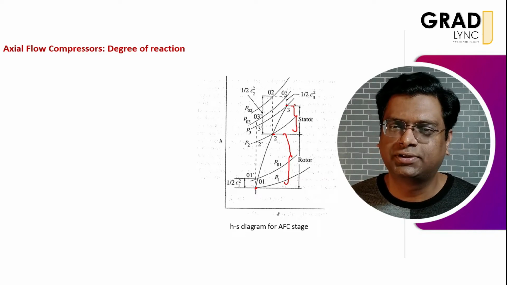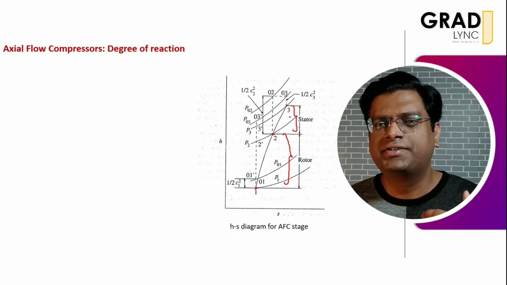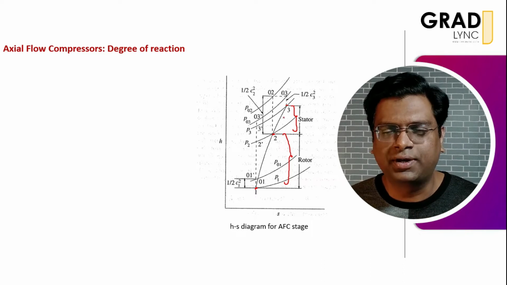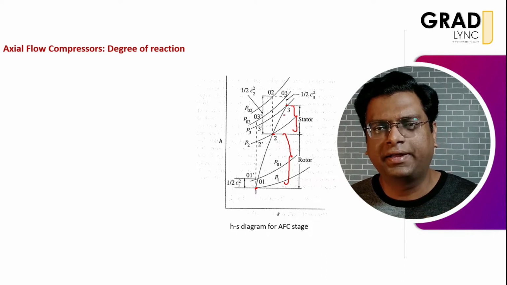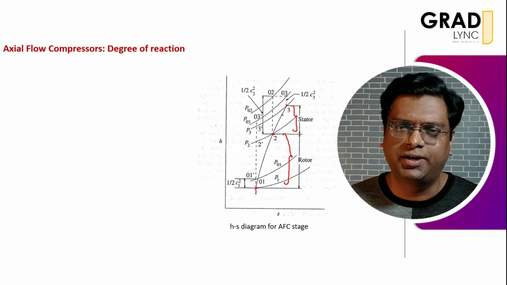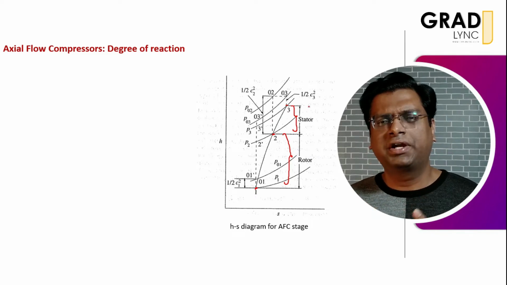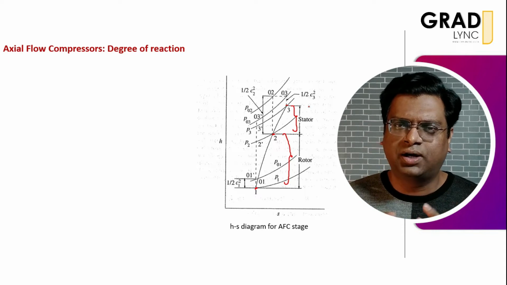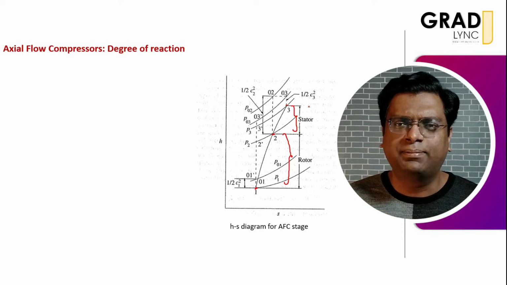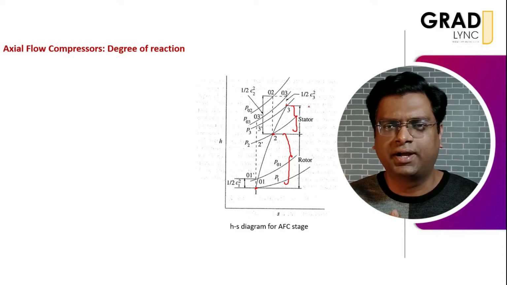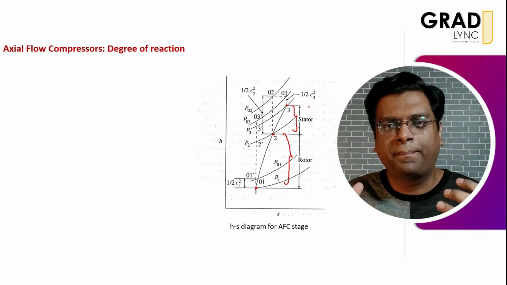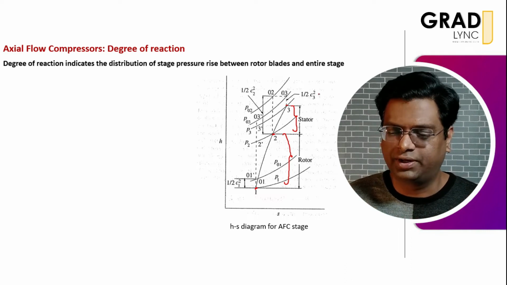During the process, the kinetic energy is increased in the rotor, and then that kinetic energy is transformed into the pressure energy in the stator. Now we will try to understand how exactly the enthalpies are changing in the rotor as well as in the stator when compared with the whole stage, right?